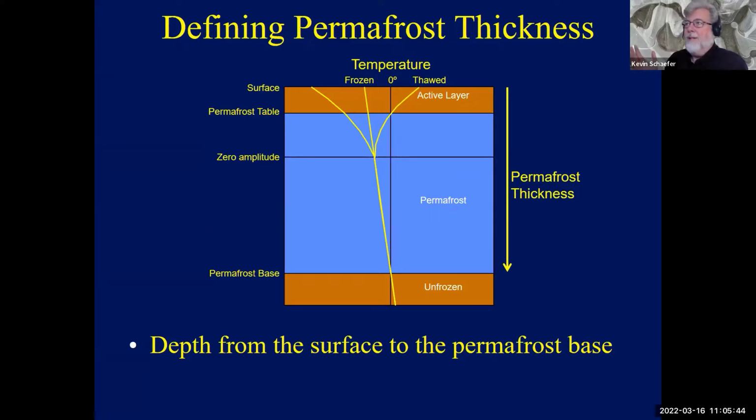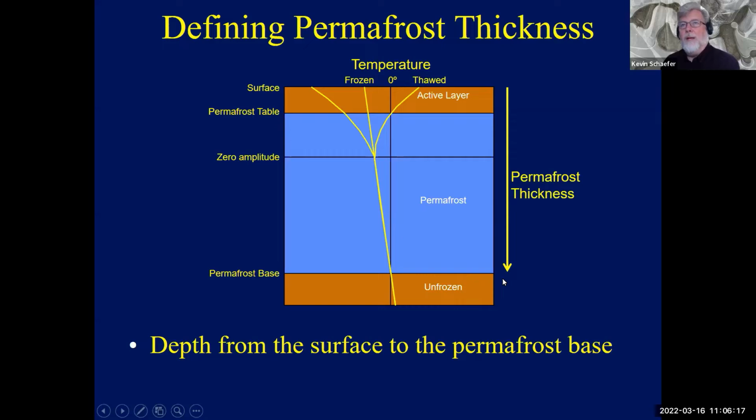And you can see, the active layer is defined there as where it crosses. I don't know if you can see my cursor, but that's the permafrost table, which represents the deepest part of the active layer. And the middle line represents kind of an annual average, and this represents how cold it gets in winter. And the deeper it gets, the warmer it gets, and when the temperature finally crosses 0 again, you get the permafrost base. And we're defining permafrost thickness as the depth from the surface to the permafrost base.